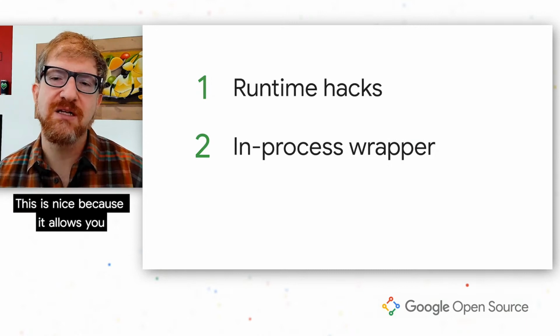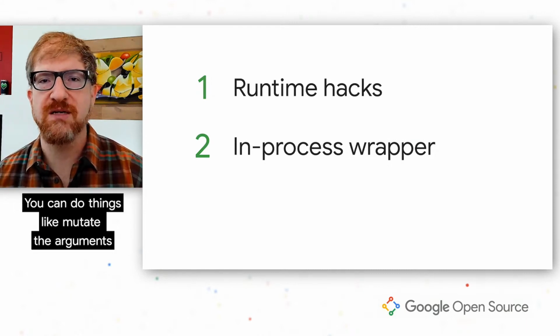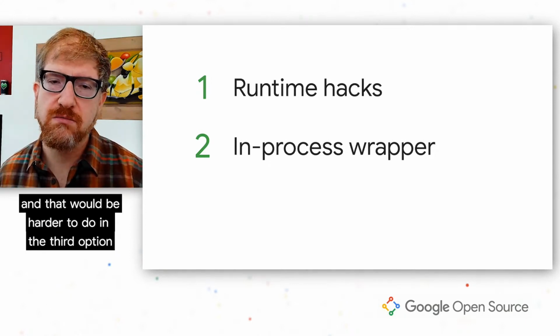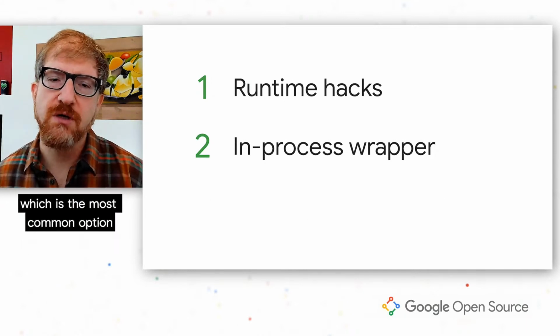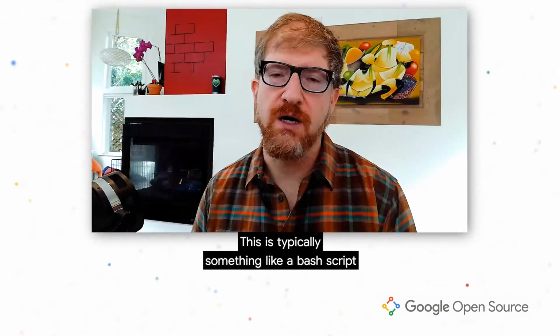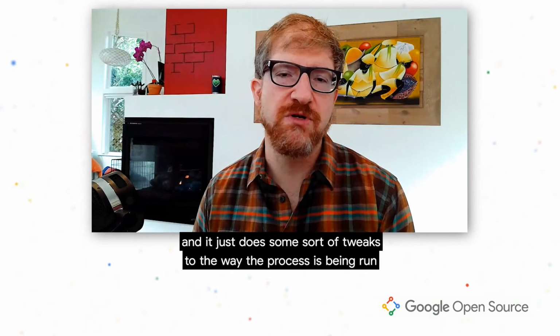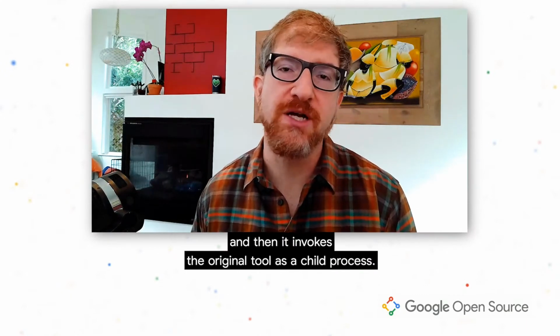This is nice because it allows you to have more power inside of that same process. You can do things like mutate the arguments, and that would be harder to do in the third option, which is the most common option, where you'll just run some extra program as a parent process. This is typically something like a bash script, and it just does some sort of tweaks to the way the process is being run, and then it invokes the original tool as a child process.